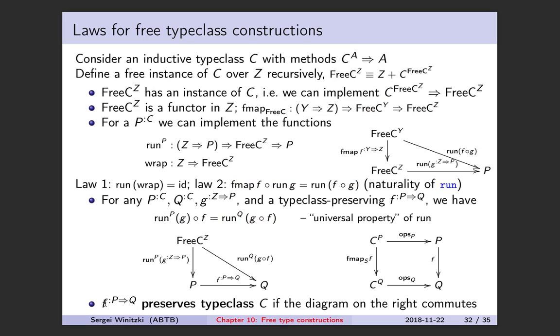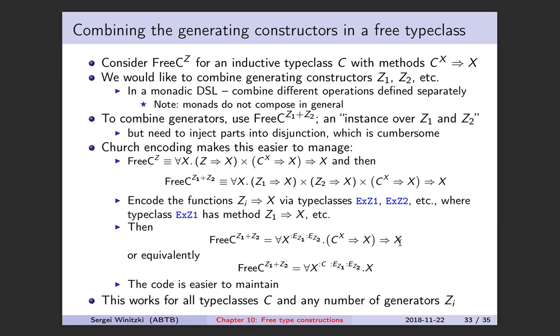I also show a formal definition of what it means for a function to be type class preserving. This is this diagram. Then I show how to combine different generating constructors in a free type class.